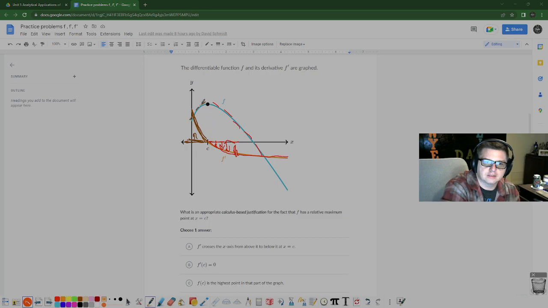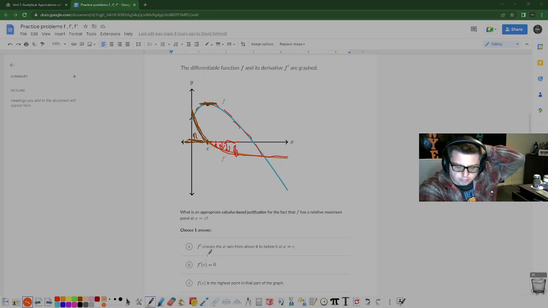And then at C, we should have a zero slope because the y value of the derivative is 0. So when we look at this, f prime crosses the x-axis from above it to below it at x equals c. Love that. f prime of c equals 0, sure.